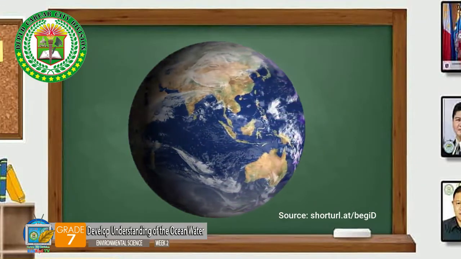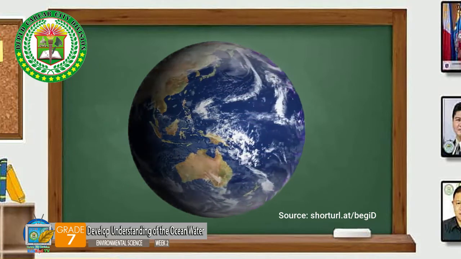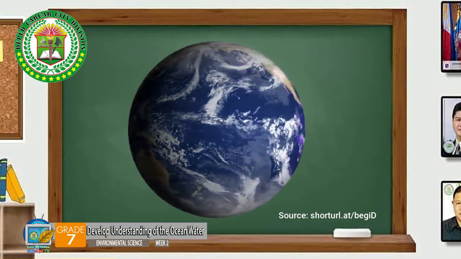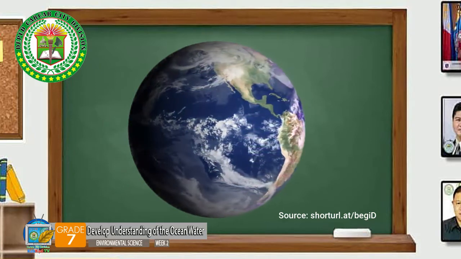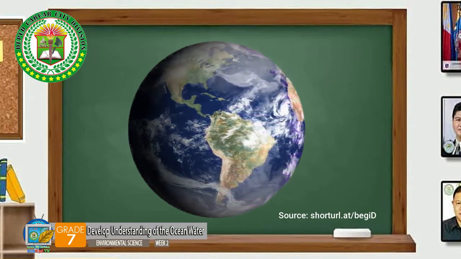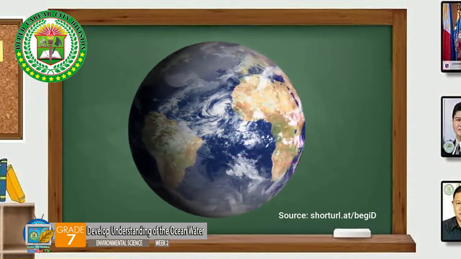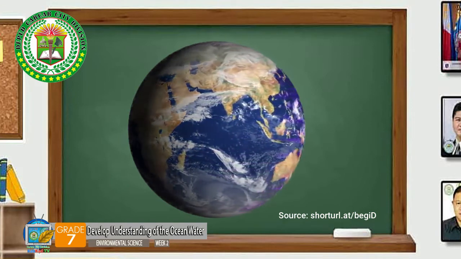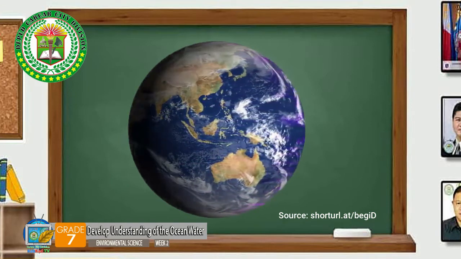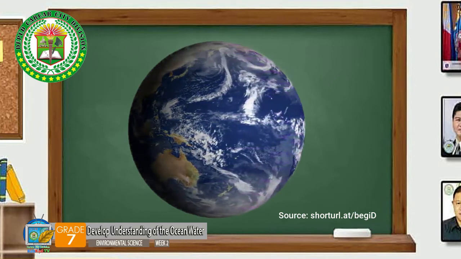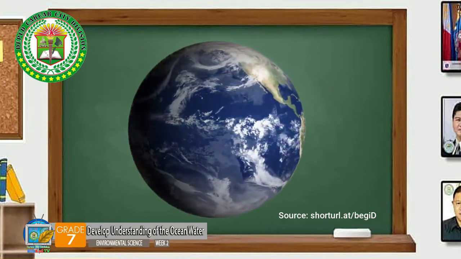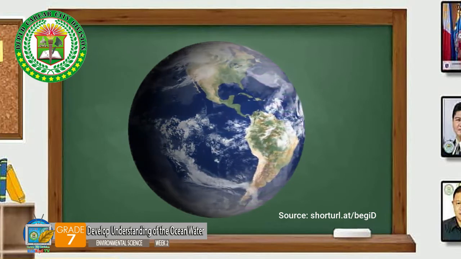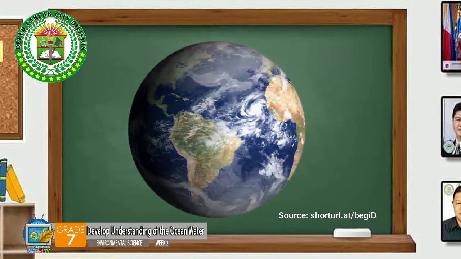Have you ever heard the Earth called the blue planet? This term makes sense because over 70% of the surface of the Earth is covered with water. The vast majority of that water is in the oceans. Without all that water, our world would be a different place.